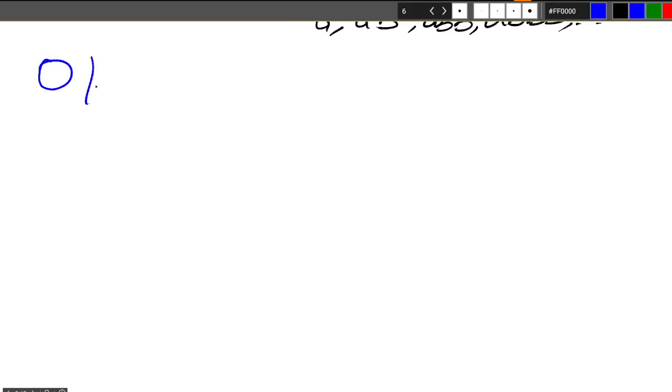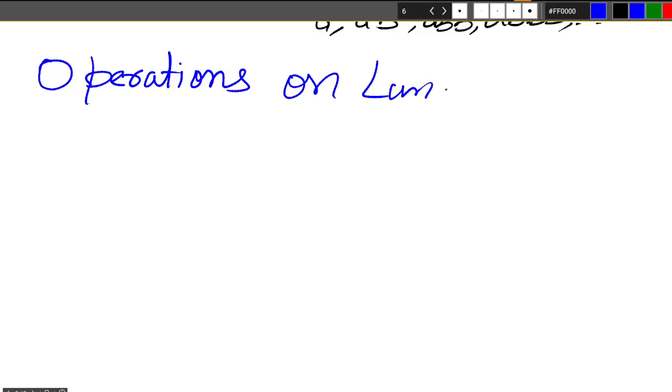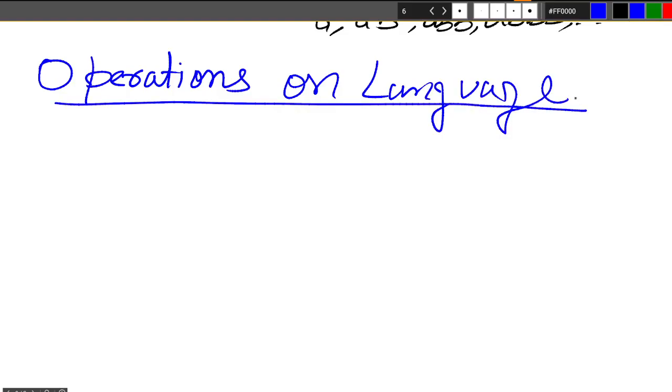These are operations on languages. Just wait a minute. All languages are sets of strings, so all the operations possible for sets will be applicable here.